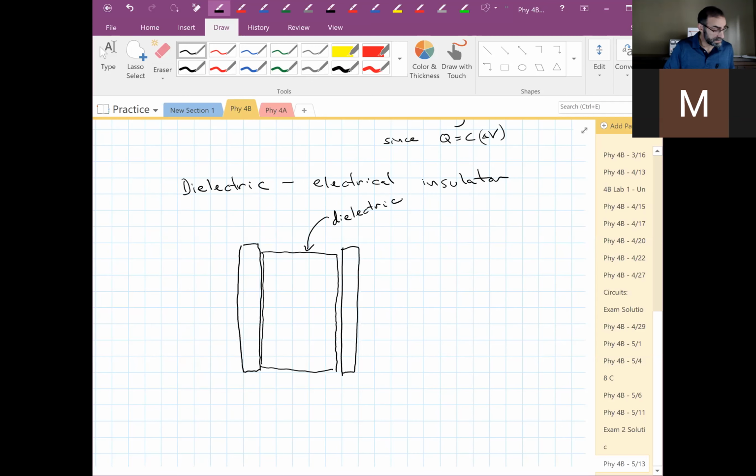What happens is we charge up our capacitor. We get our positives on one side, our negatives on the other. That creates an electric field. I'm going to draw my electric field separately over here. Here are my plates.